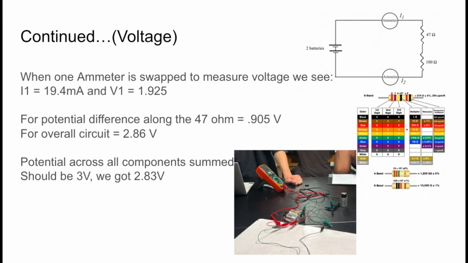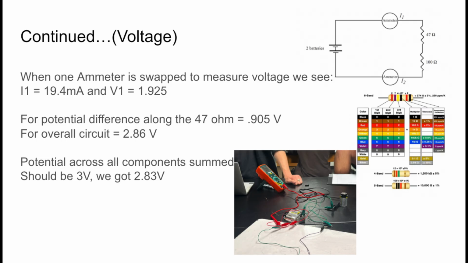18.4. Continuing on, when one ammeter was swapped to measure voltage, we see that the ammeter reads 19.4 milliamps and the voltage measured was 1.925 volts. For potential difference along the 47 ohm resistor, we got 0.905 volts, and for the overall circuit, we got 2.86 volts.